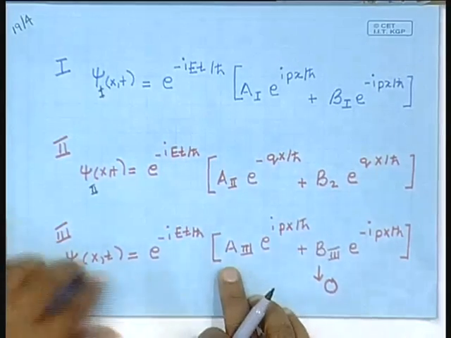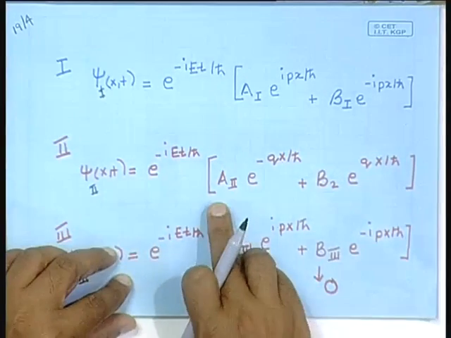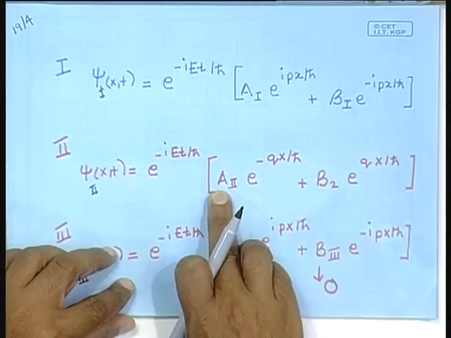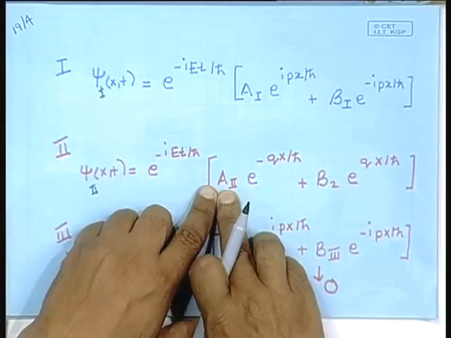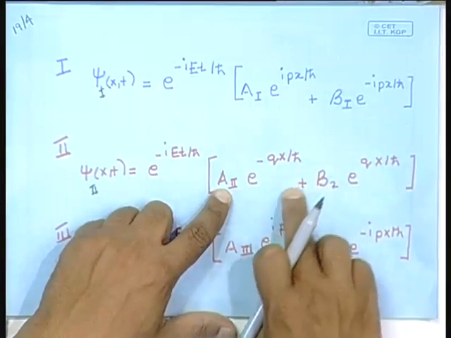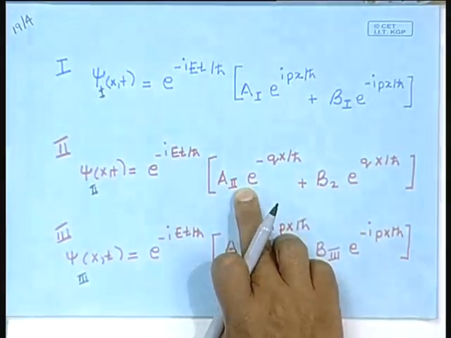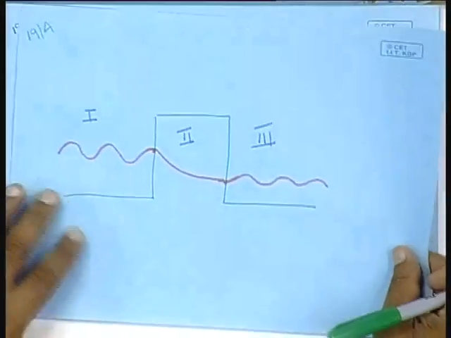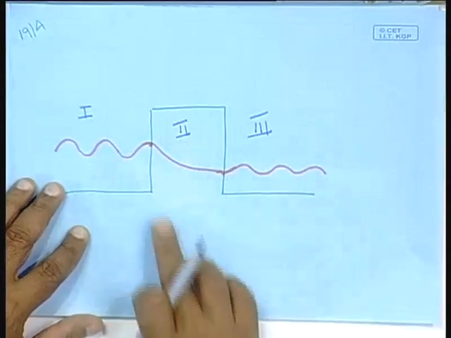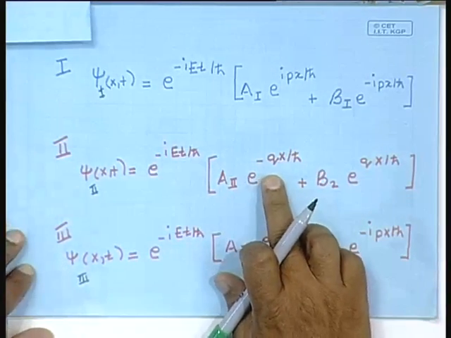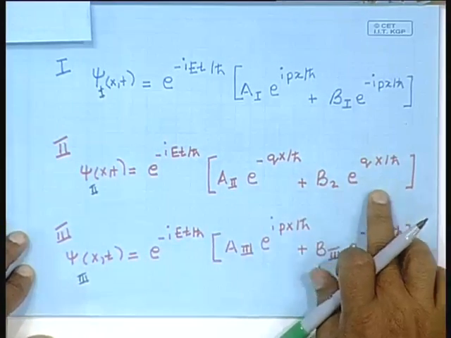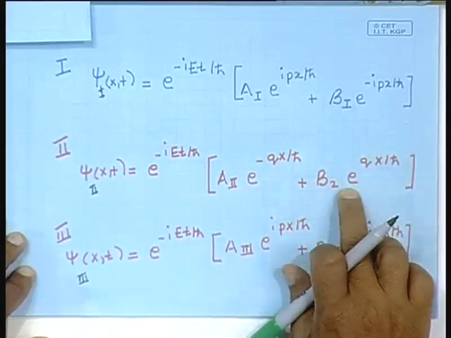We also see in this analysis the amplitude A2 of this decaying part of the wave function. So, inside the potential barrier, the wave function is a superposition of two parts, one which decays exponentially and one which increases exponentially.